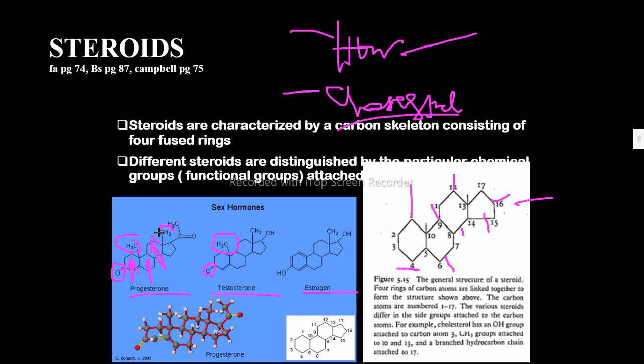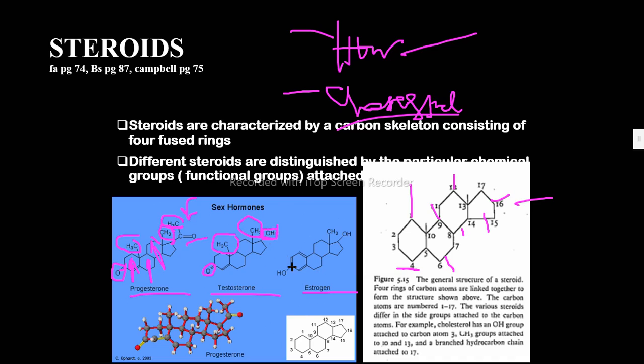But the difference is on this carbon atom. In progesterone you have the CH3 and then O, in other words, it's a ketone. But for this one, you have the OH.